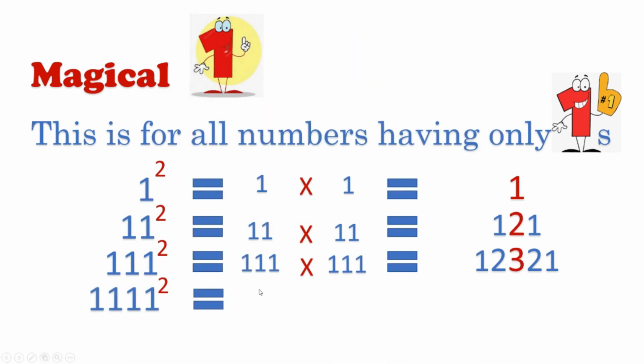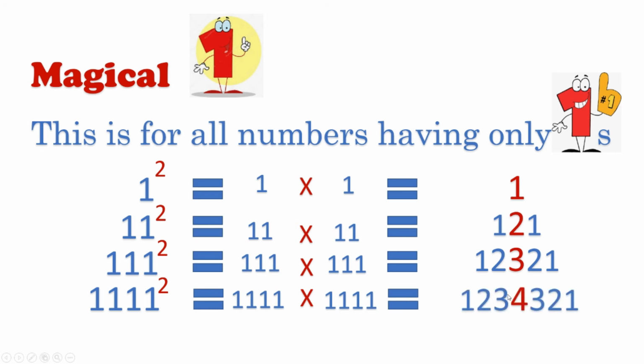Let's look at 1111 square, which is 1111 into 1111. Now this is a 4-digit number, so 4 in the center, reducing down to 1 on either side. So your answer is 1234321.